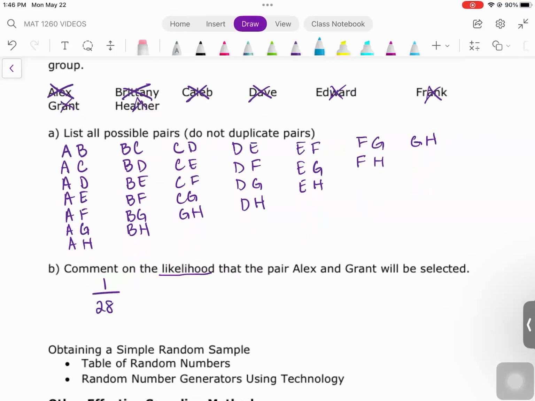This 1 represents the number of pairs with Alex and Grant, and the 28 represents the total number of pairs. And congratulations, you just solved a probability problem, which we are going to see again in Unit 3.